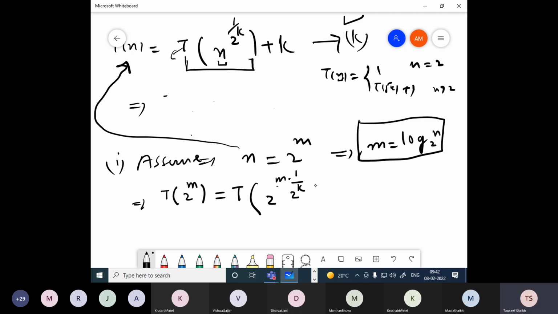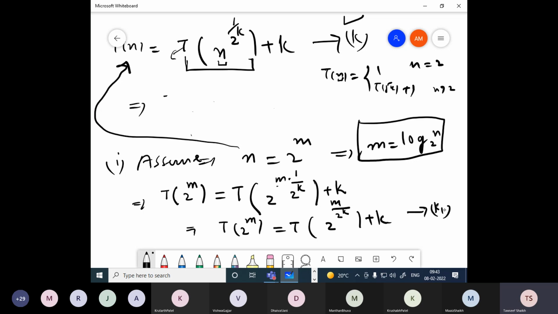This is how it will look, plus then this k will be here itself, no change in it. So this will result in t of 2 power m equal to t of 2m divided by 2k plus k. Now this has become our standard form.